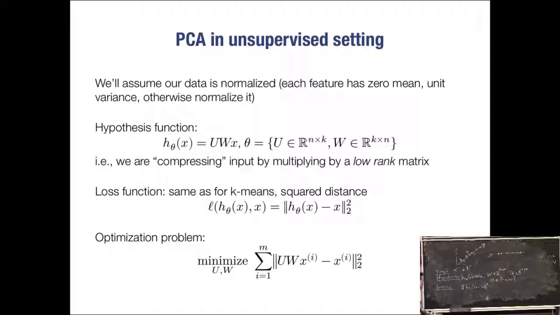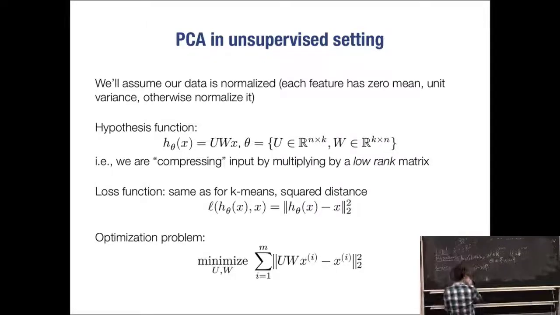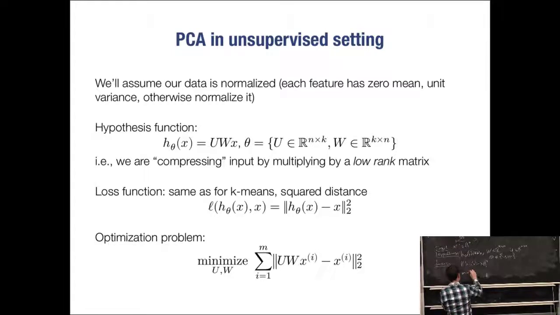And so my minimization problem is: minimize over theta, in other words over U and W, the sum from i equals 1 to m of the norm of UWx_i minus x_i, 2 norm squared.